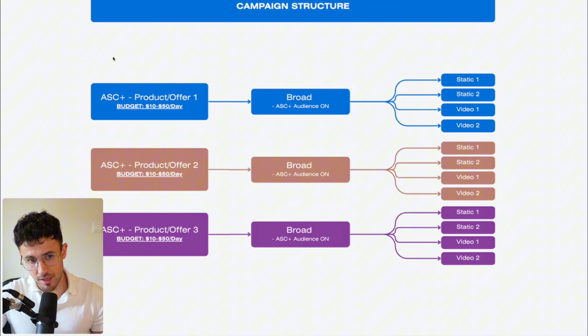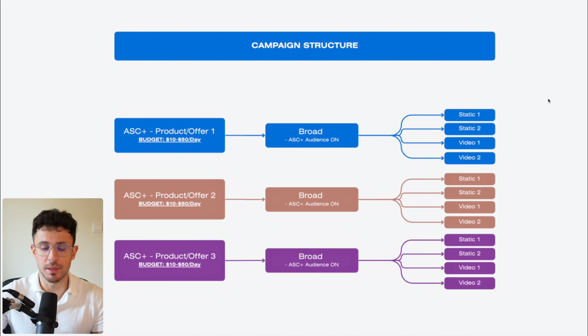In my case, what we did here that actually works very well is, instead of having one CBO or ABO campaign with different ad sets, you have one campaign with one ad set: Advantage Shopping Plus, broad targeting, and all the creatives for the specific product and the specific offer within that single campaign.